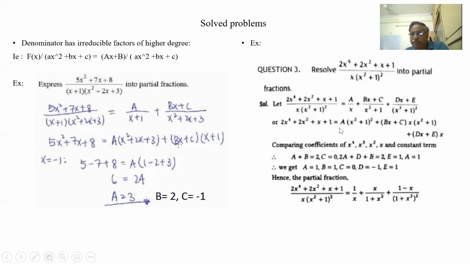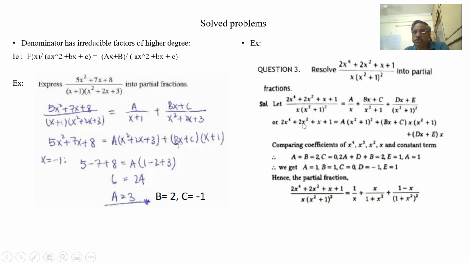Here, how much am I getting? x to the power 4 into A, and Bx into x squared also gives x to the power 4. So we get B also, A plus B. So when we compare and form the equation, A plus B is equal to 2.